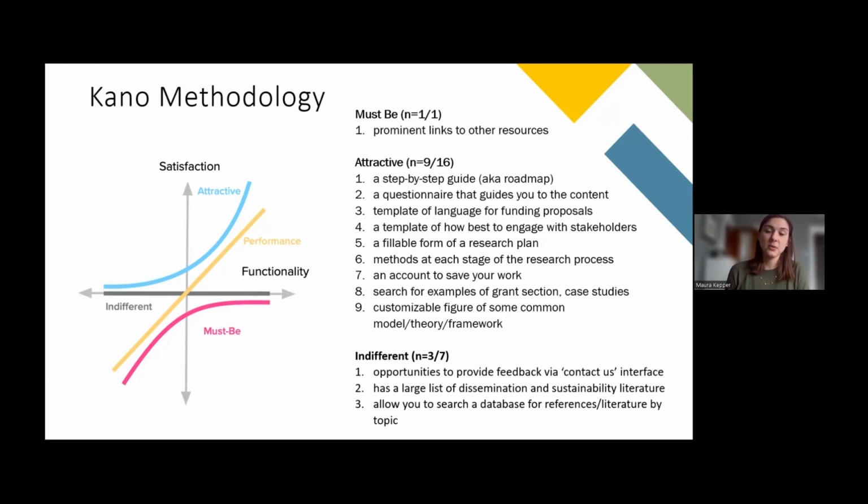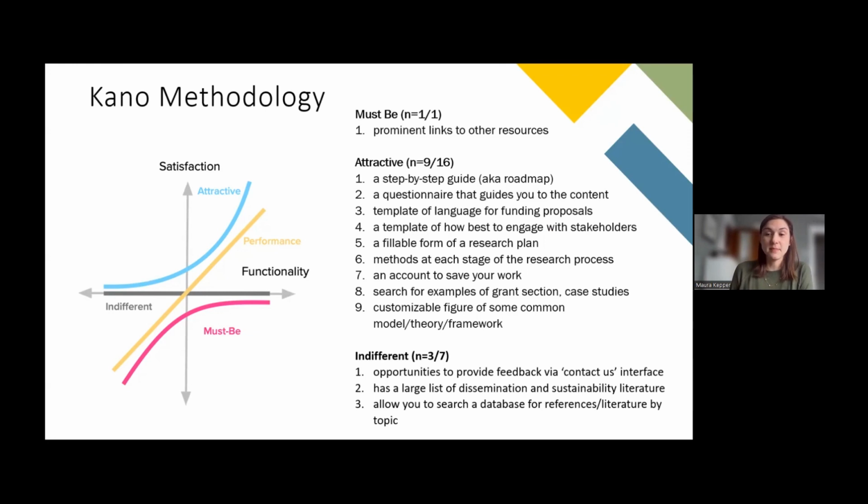And we combined similar features to generate a final list of 25 features that we then took back to the end users and asked them how they would feel if that feature was in the tool and if the feature was not in the tool. And this is called the Kano methodology.